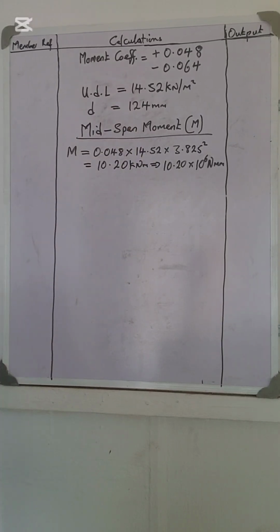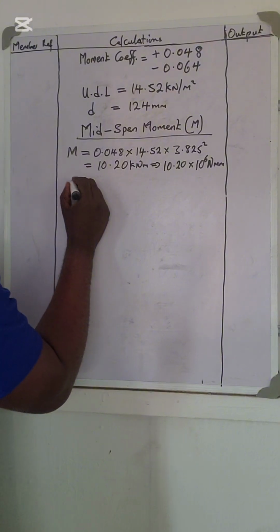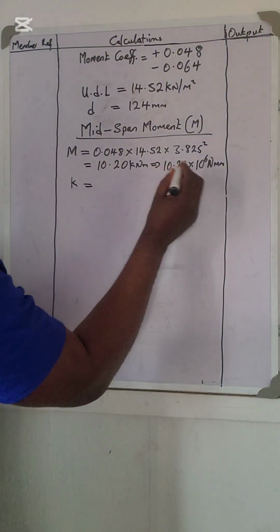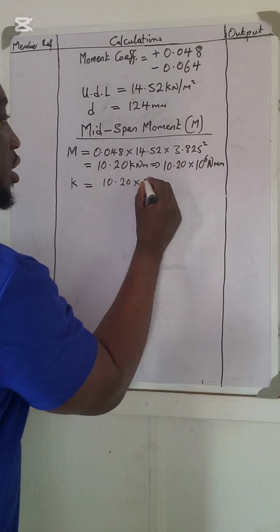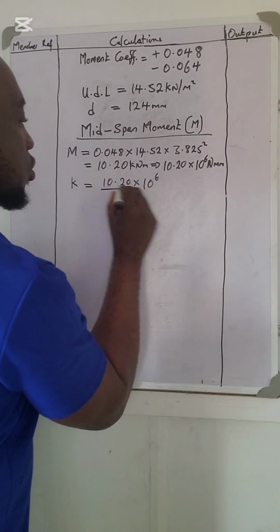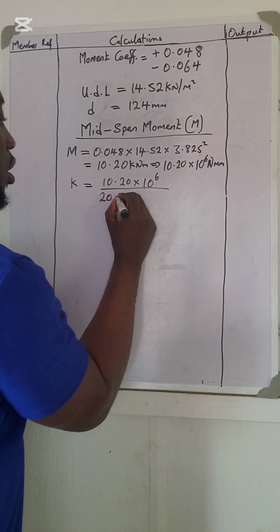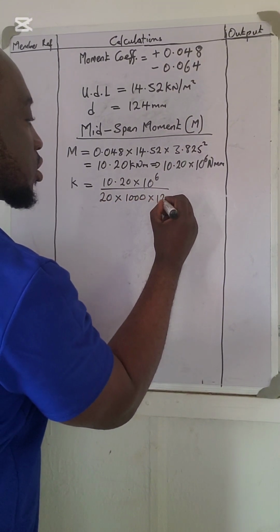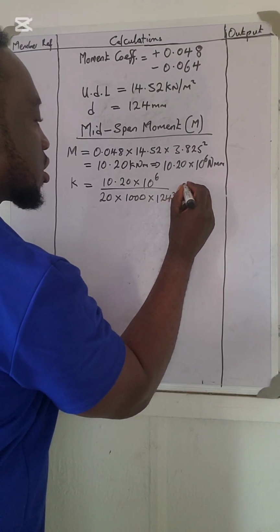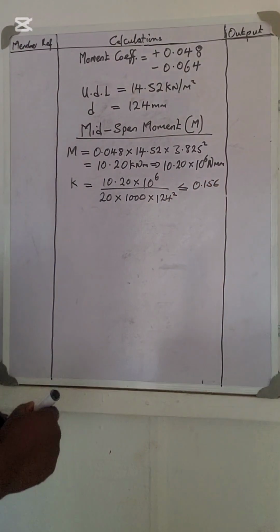All right, the next step is to calculate for our K. Recall that K is equal to the moment, 10.20 times 10 raised to the power 6, over the characteristic strength of concrete, which is 20, multiplied by 1000 multiplied by 124 square. This must be less than or equal to 0.156 as usual.